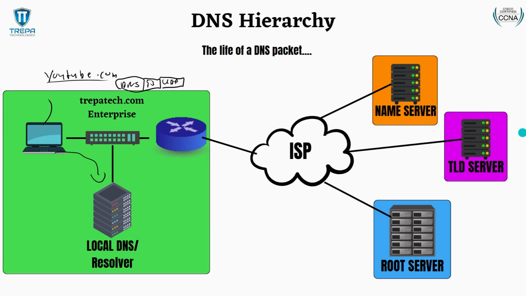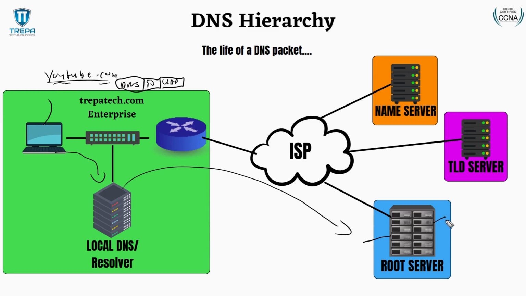So it's going to then do that request to a root DNS server. It's going to be just a regular DNS request. It's going to say, hey, I don't know how to resolve youtube.com. Can you direct me to the correct IP address? Well, this root server is not going to know about all the little subdomains of the .com domain.